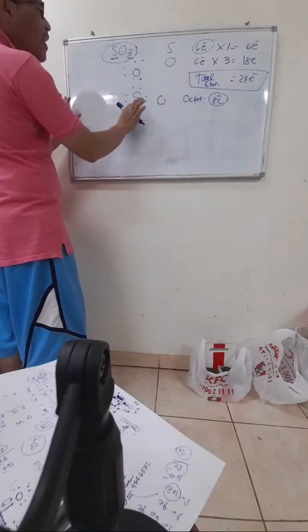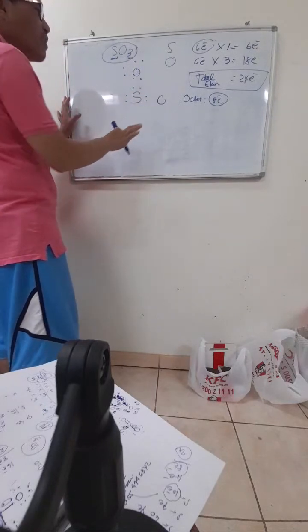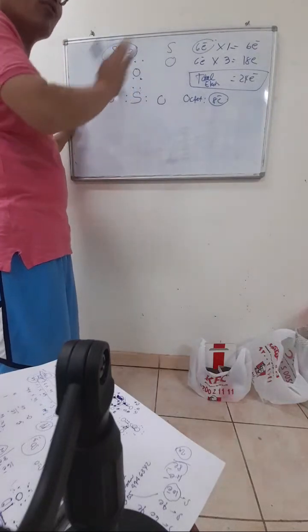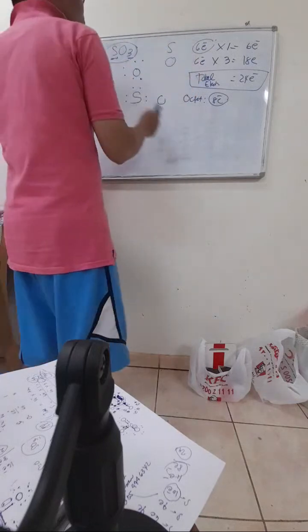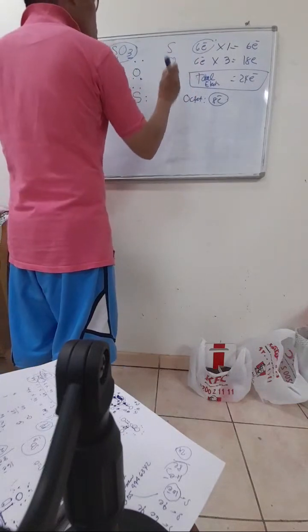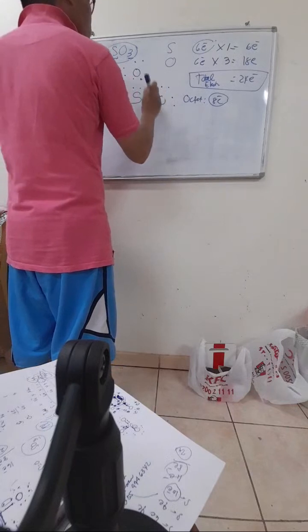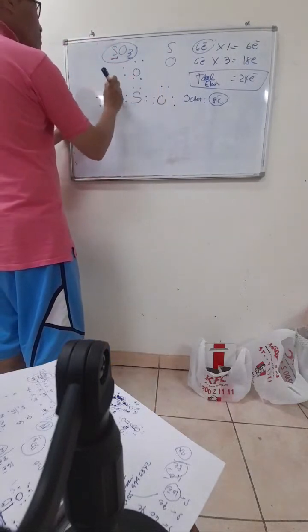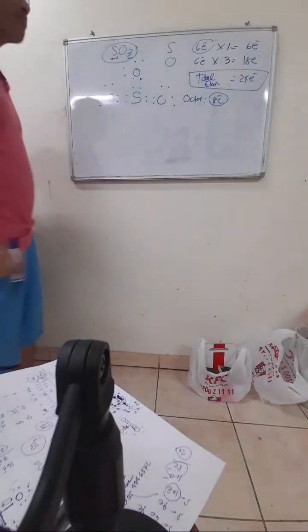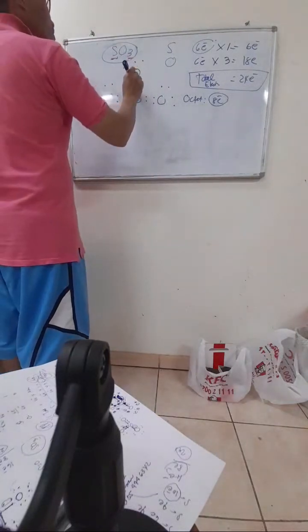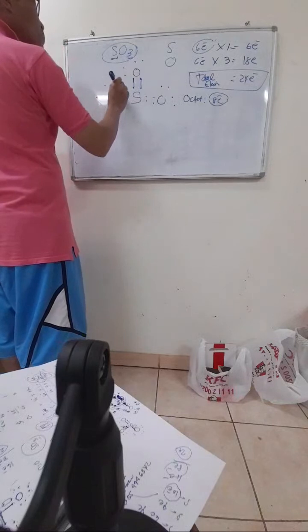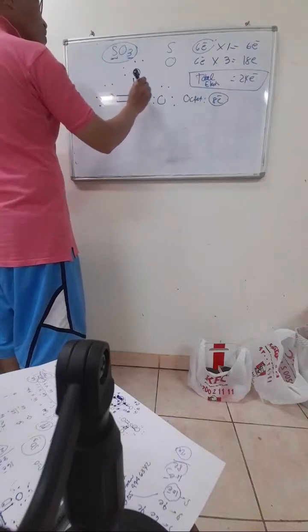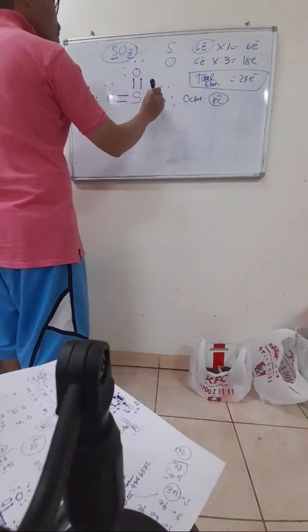You don't put the electrons here because there's no oxygen here, so no purpose, you cannot connect there. So 1, 2, 3, 4, 5, 6 for each oxygen. Now connect.